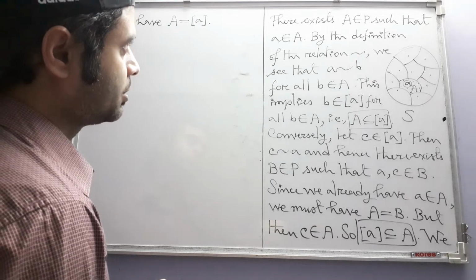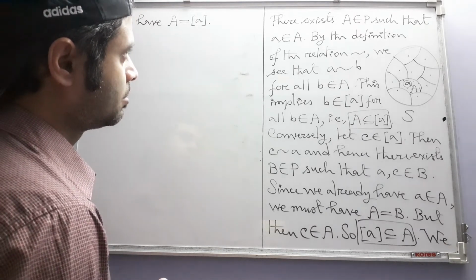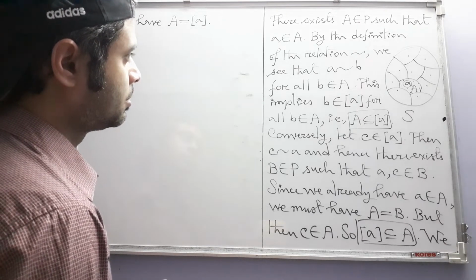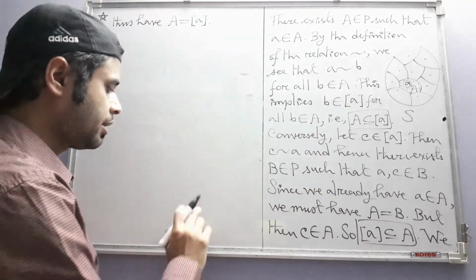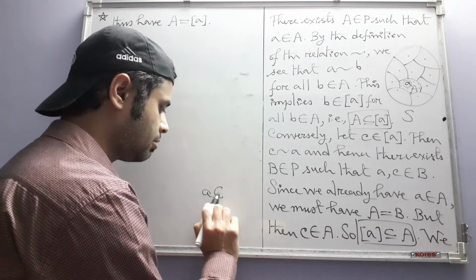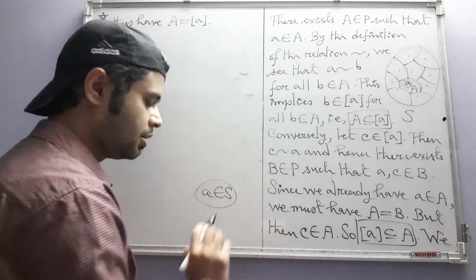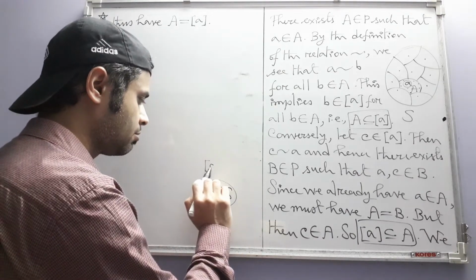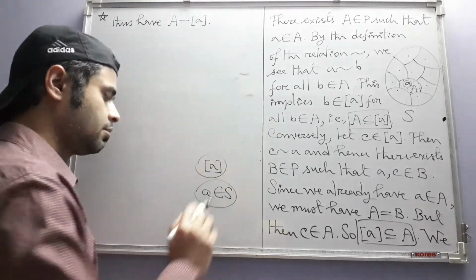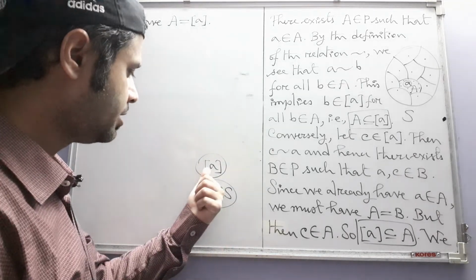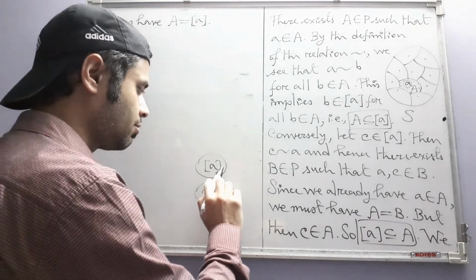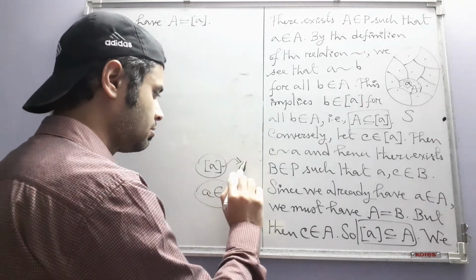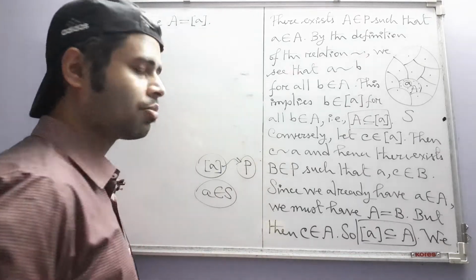We have shown that every equivalence class, because choosing an arbitrary element A in S means choosing some equivalence class, namely the equivalence class containing that element. We have shown that any such equivalence class is a set in the partition.